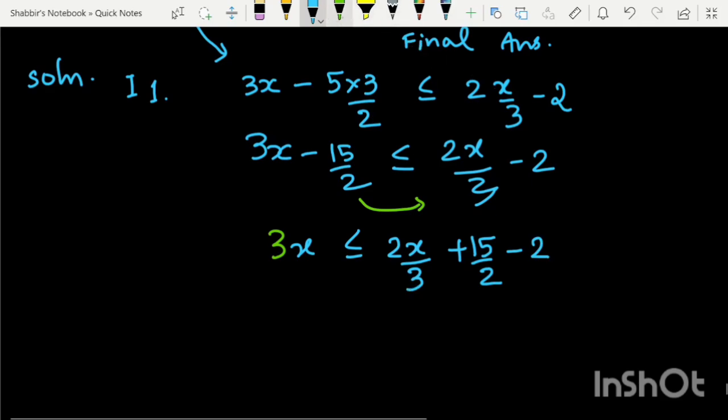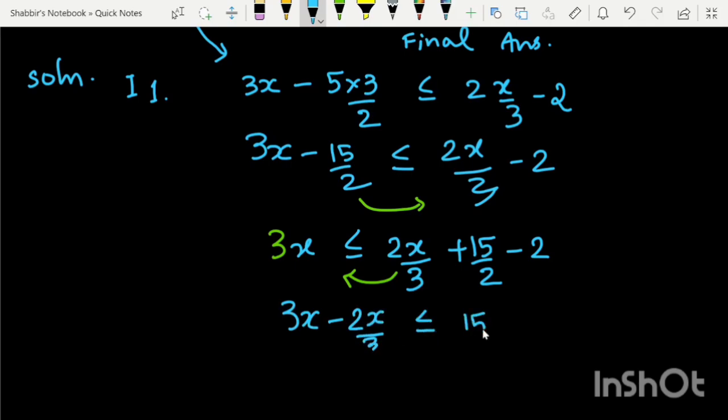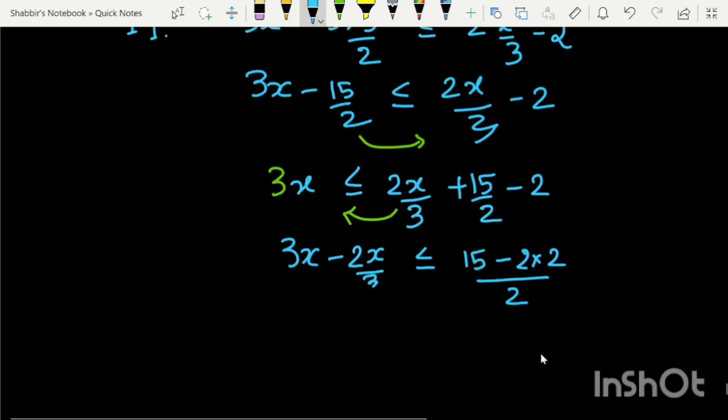Now I will take this on this side, LHS, so 2x by 3 becomes minus 2x by 3. Taking LCM, 15 minus 2 into 2 is 4, 2. Okay.